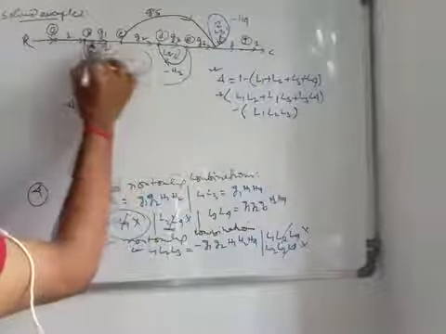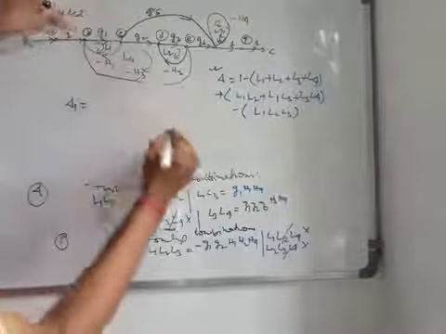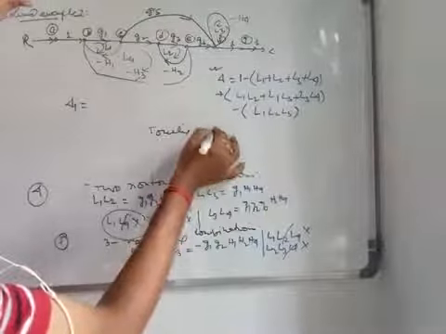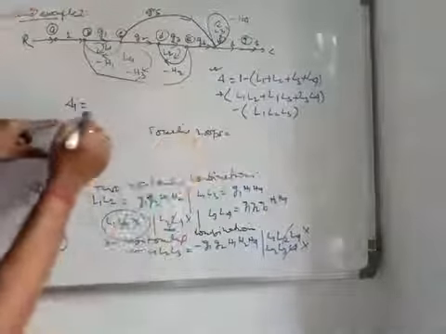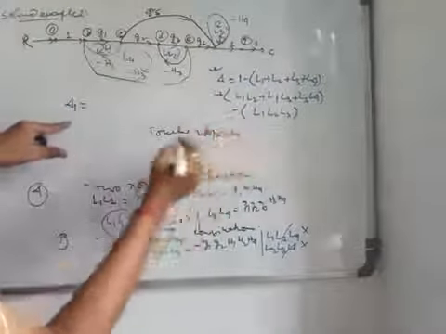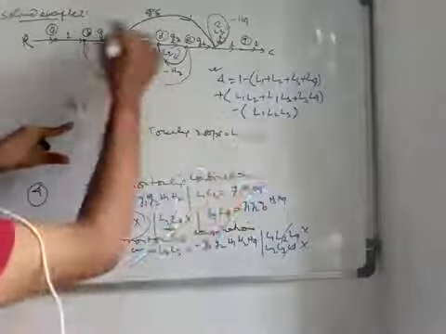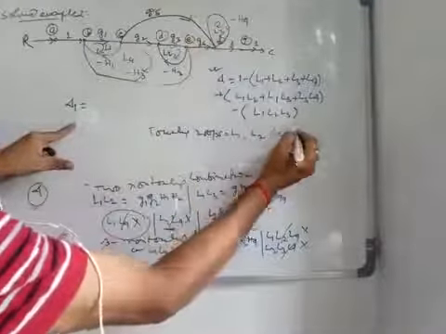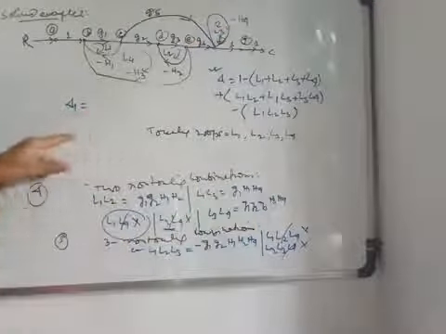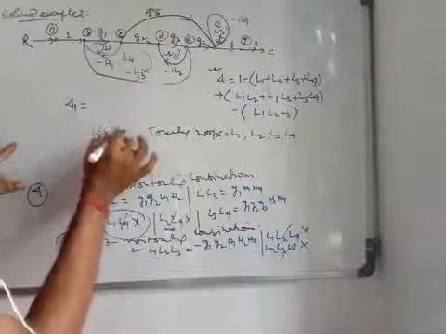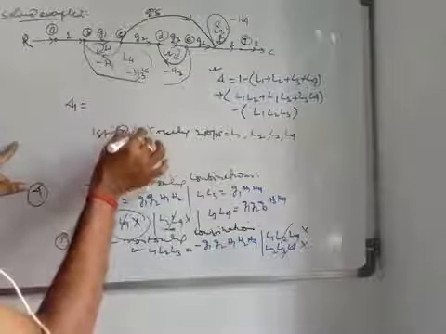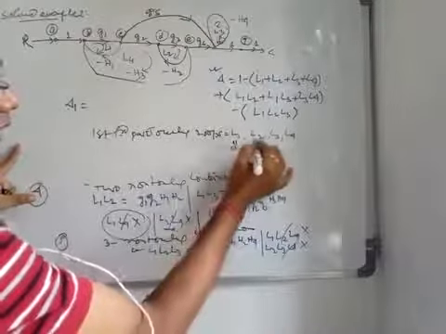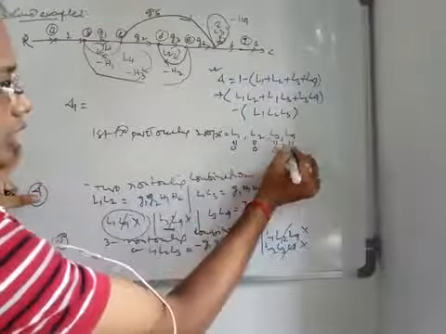The first forward path is touching L1, it is touching L2, it is touching L3 and it is touching L4, right? That means the first forward path is touching the loops L1, L2, L3, L4. That means L1 will be 0, L2 will be 0, L3 will be 0 and L4 will be 0.